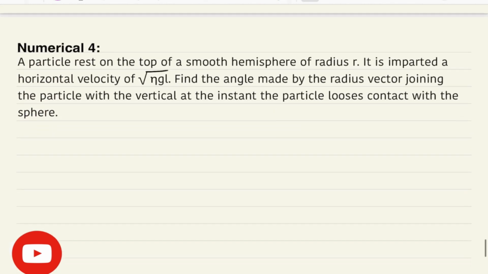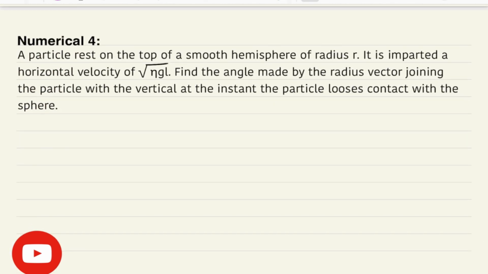So let's move to numerical number 4. What it says: a particle rests on the top of a smooth hemisphere. So in this situation we have a hemisphere, and it is smooth. A particle rests on the top, so let's say this is the top here, and the radius is r.